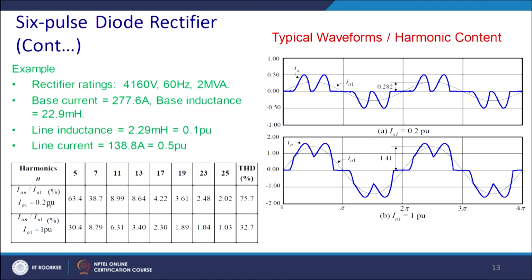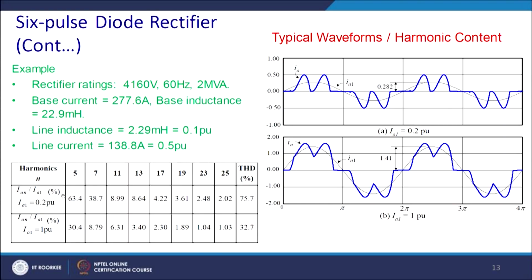You can see one thing here: if the load current is low, it is mostly discontinuous in nature, and the harmonic content will drastically increase at low load current. You can see that the fifth harmonic is 63%, the seventh harmonic is 38% and so on, and thus the overall THD comes out to be 75% in the case of a 6 pulse diode based rectifier feeding an RC load.